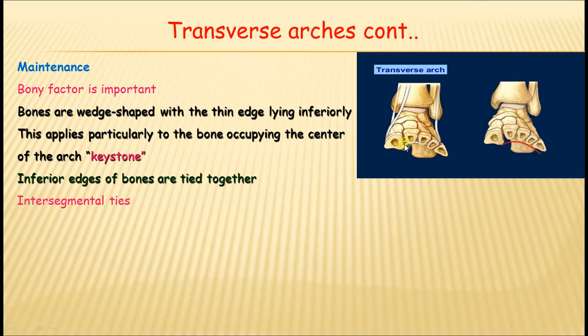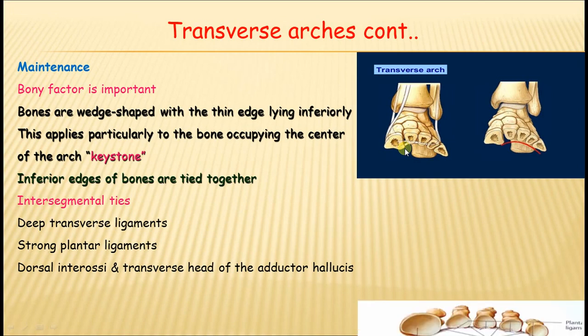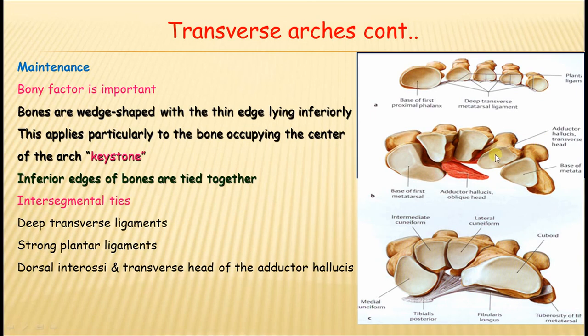Intersegmental ties is by the deep transverse ligament, and as I told you, strong plantar and interosseous muscles. And in the last slide I showed you the transverse head of adductor hallucis. They also are responsible for the intersegmental ties, adductor hallucis, how actually they are holding the bones together.